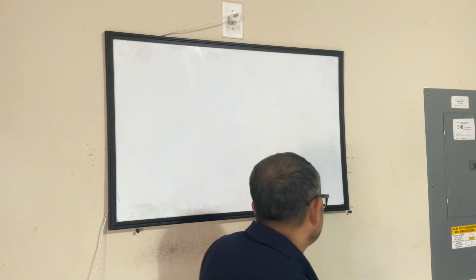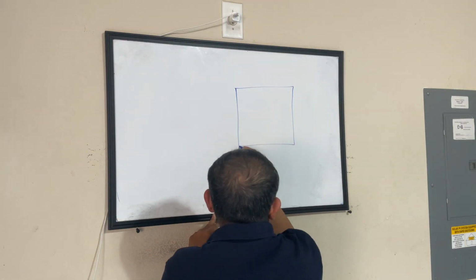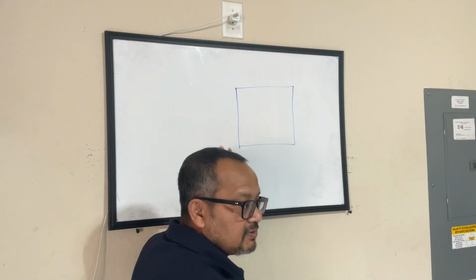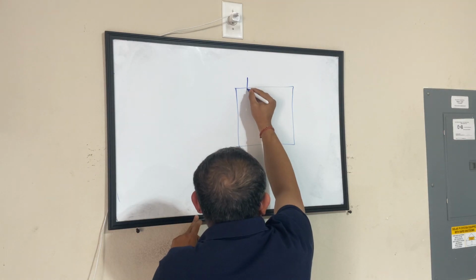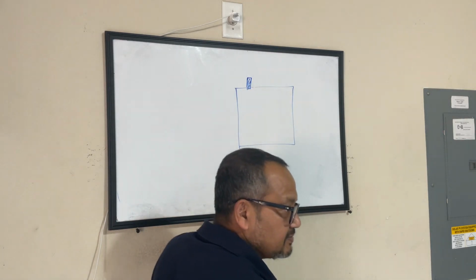One very common problem that I have probably come across at least 50 times during my childhood days, and I'm sure you guys would have come across a similar problem. I have a tank. I don't know what is the volume of the tank. I'm saying that I have one tap. Assume this is a tap.